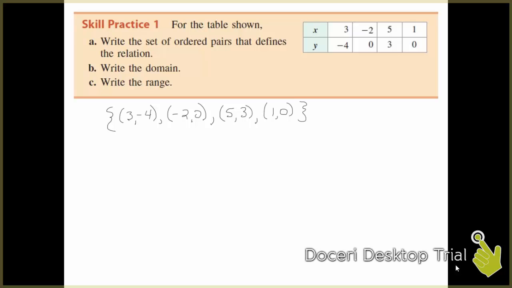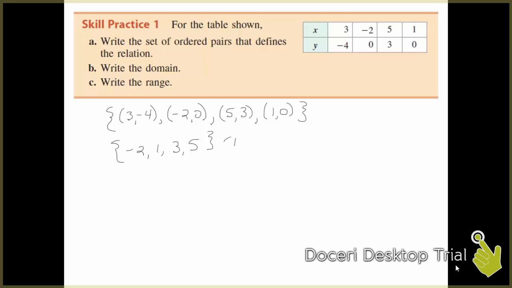There's 4 of them. The domain, you usually list it from least to greatest. So it would be -2, 1, 3, and 5. And if it's just a set of points, then your domain is a list. If it's a line where it's everything between, then it's not a list. It's a function, or it's an equation, or it's an inequality.